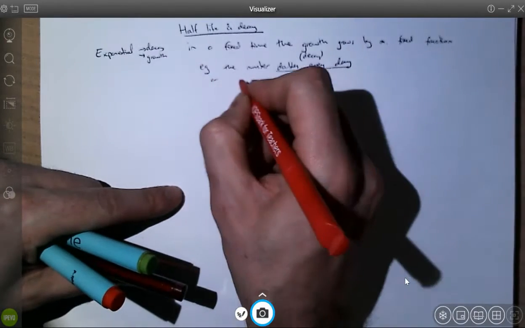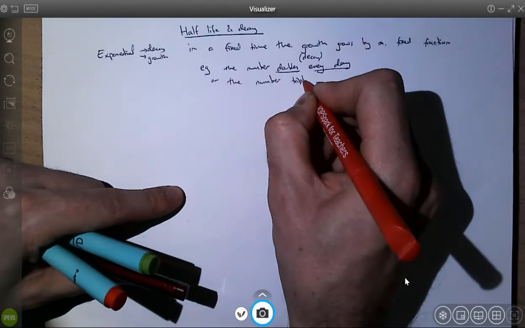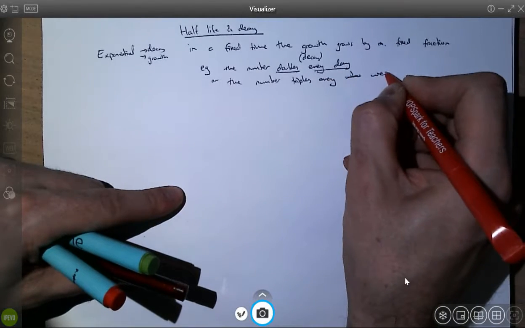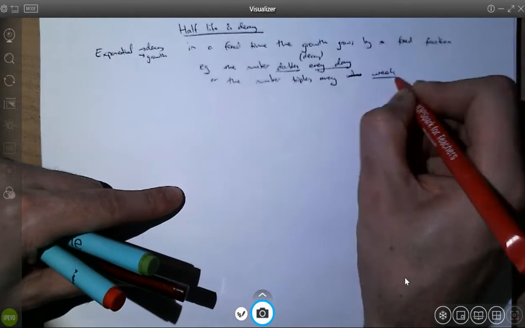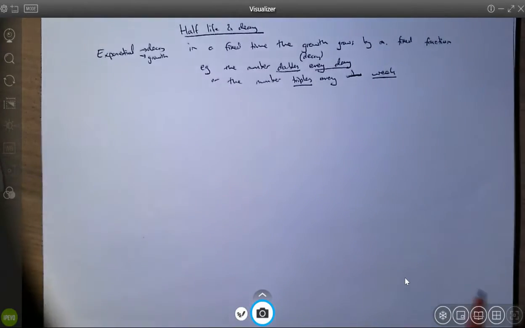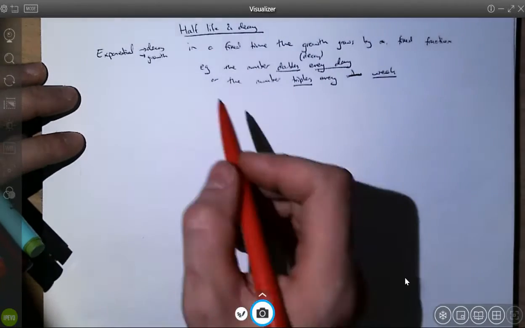Or we could say the number triples every week. So again, we've got our fixed time period and our fixed decay. Now, there is another way that we can word exponential decay or growth.